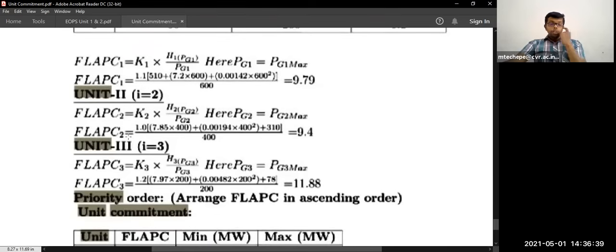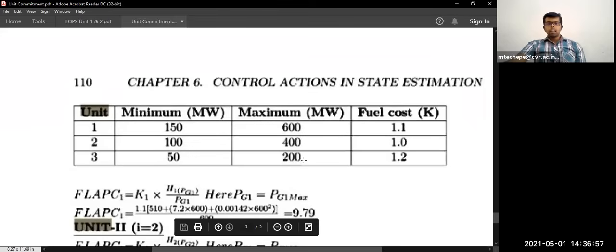Similarly for unit 3 also, i is equal to 3. FLAPC 3 is equal to K3 into H3 of Pg3 divided by Pg3, where Pg3 is equal to Pg3 maximum. From the table given, Pg3 maximum is 200 megawatt.